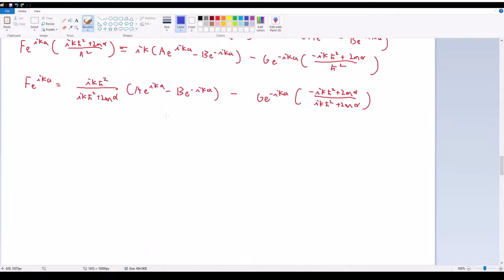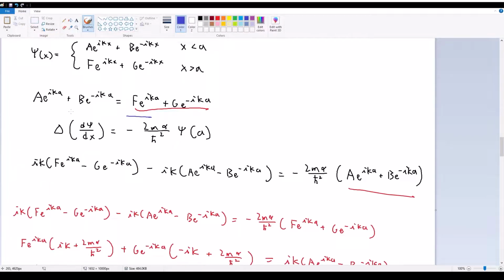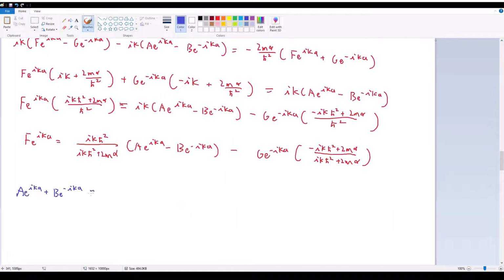So what I get is a e to the ika plus b e to the negative ika is going to equal g e to the negative ika plus f e to the ika, which I'm going to substitute with this.